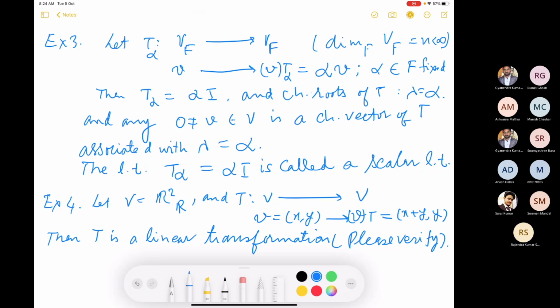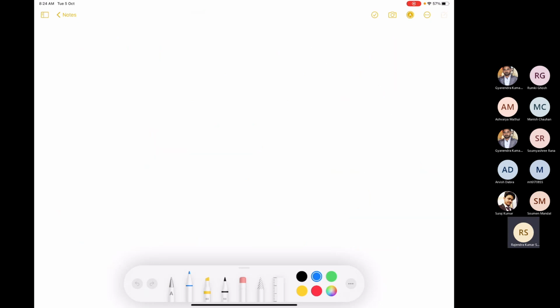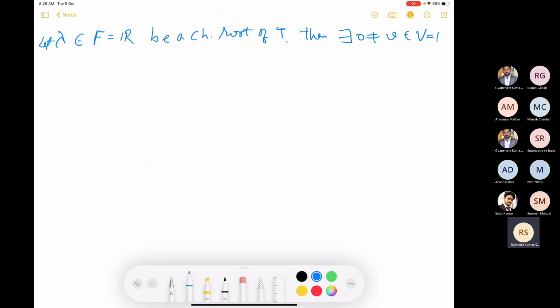All right, once you have verified that this is a linear transformation, now we want to see if there is a characteristic root, and if so, then what are the corresponding vectors. So let lambda in F be a characteristic root of T. Then naturally there exists a non-zero vector V in V, where V is R2 over R, such that Vt is equal to lambda V. Now Vt is equal to lambda V means what?